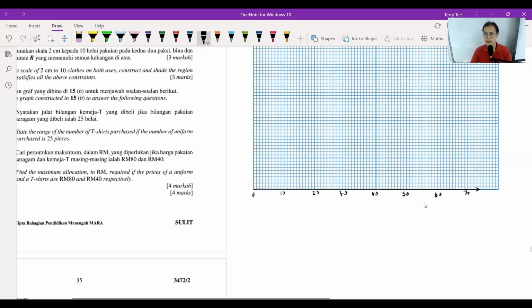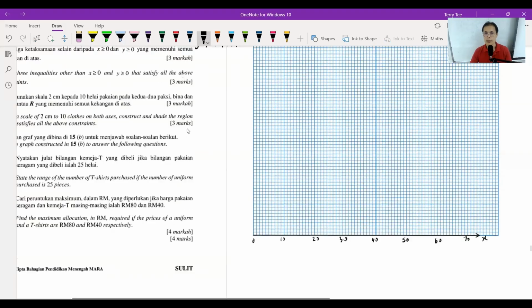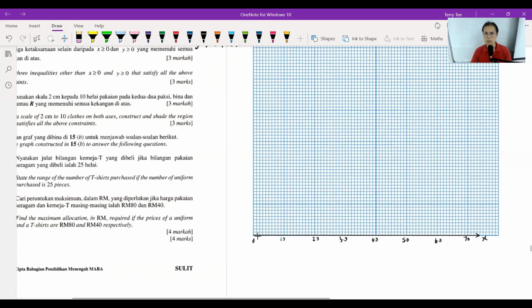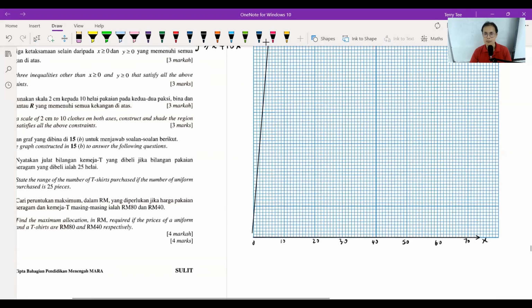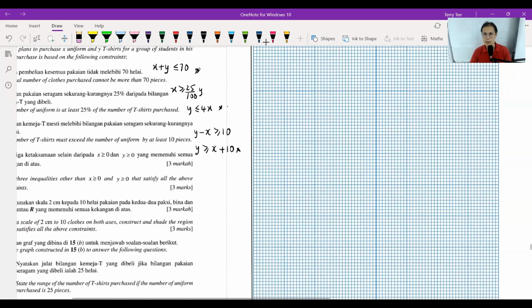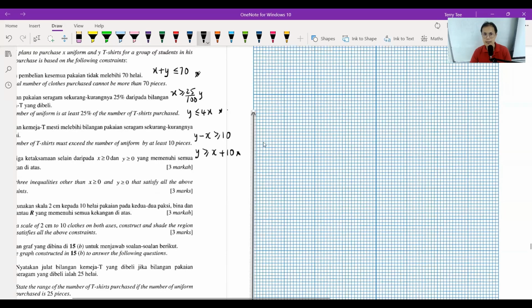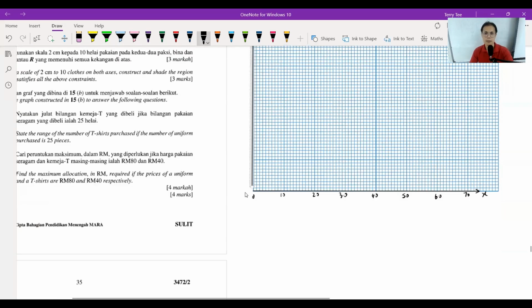Okay, this is your x-axis. Then let's draw a y-axis. I think your y is also about 70, so don't need to draw very high up. That will do, because the maximum y is only 70.